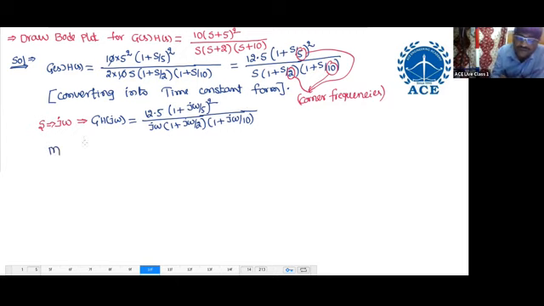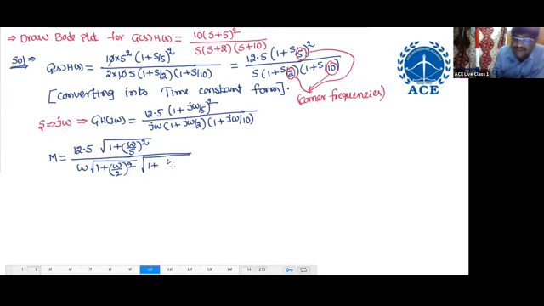Magnitude M equals 12.5 times the square root of (1 + (omega/5)^2) whole squared, divided by omega times the square root of (1 + (omega/2)^2) times the square root of (1 + (omega/10)^2).